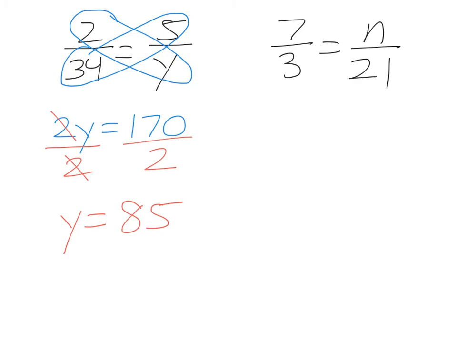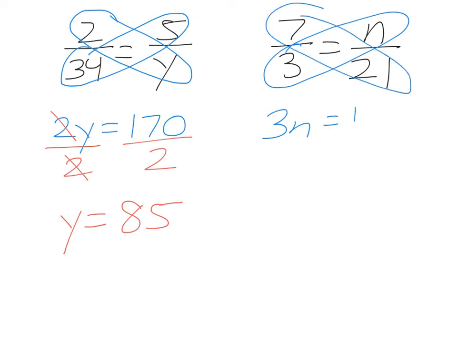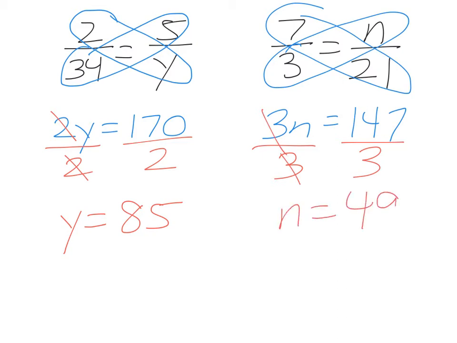In the second one, 3 times n is 3n. 7 times 21 is 147. Divide both sides by the number next to the variable, in this case by 3. And I'll get n is equal to 49.